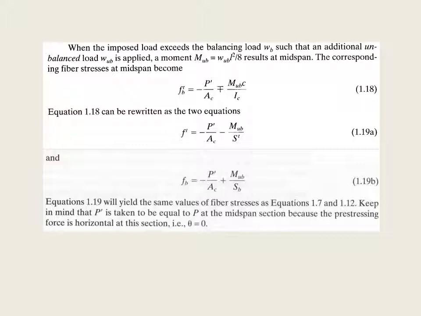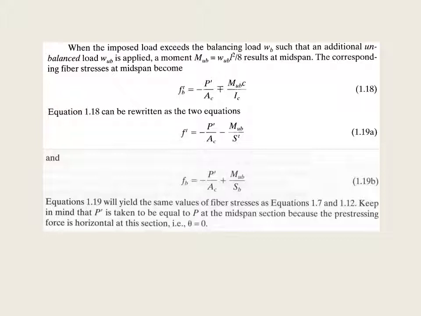So when we impose a load that exceeds, there will be exceedance. Because of that, there will be an unbalanced load, Wub, so we could have this unbalanced moment, Mub.